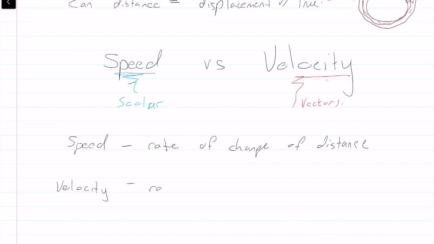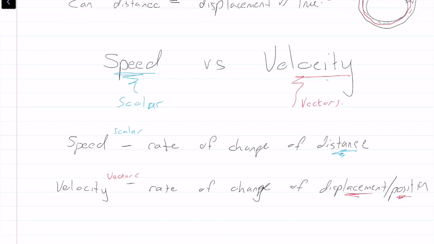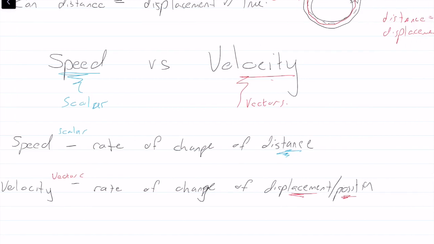Velocity is the rate of change of displacement or position. Let's actually say displacement / position. We already know that speed is a scalar, and the definition says it is the rate of change of distance, which was also a scalar. And surprise, velocity, which is a vector, is linked to other vector quantities, displacement and position, both of those are vectors.